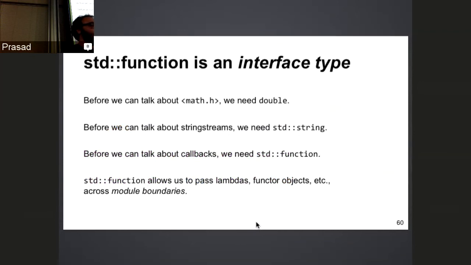And so if we're going to make up things that pass around behaviors, callbacks, functions, things like std thread, right? The constructor for std thread takes, like, what does this thread do? That's a function that takes void and returns, presumably void, maybe int, I forget. So before we can talk about that sort of callback, we need an interface type that says, aha, I'm going to take or return a std function.